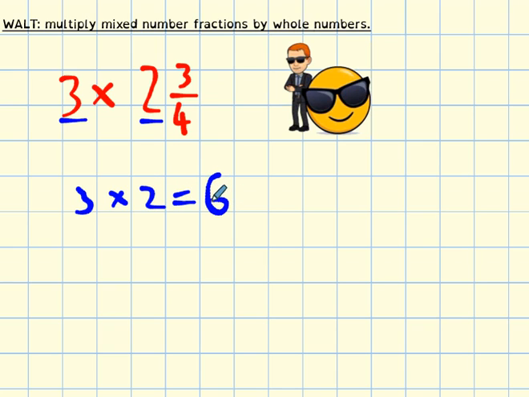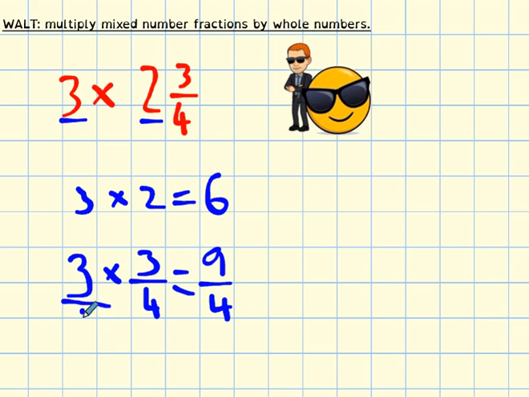Second step, whole number multiplied by your fraction. In this case, it's 3 times 3/4. 3/4 add 3/4 add 3/4 essentially, which will give you 9/4. Remember, if you want to do it using the method where you put it over a denominator of 1, 3 times 3 is 9, 1 times 4 is 4.